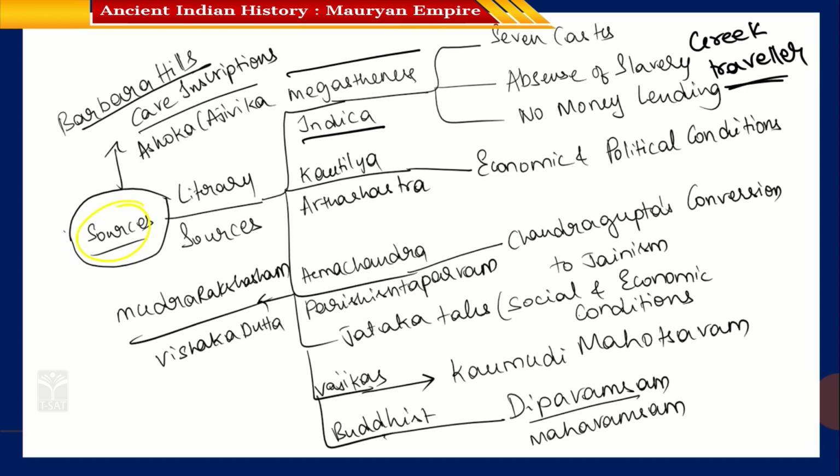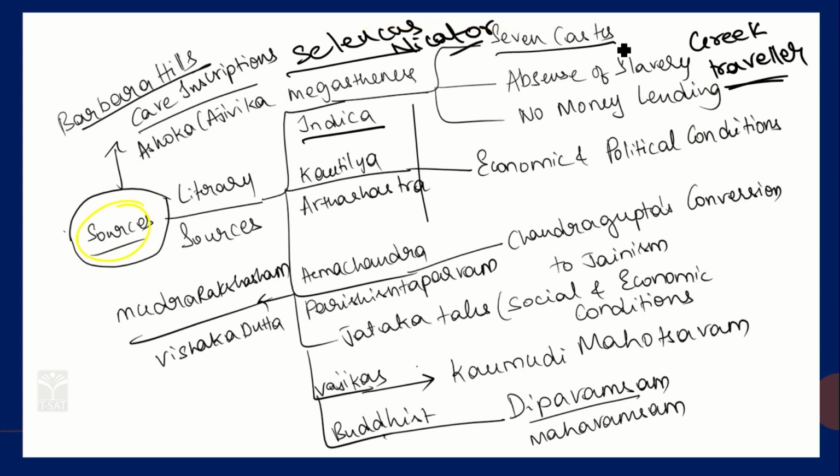Megasthenes was an ambassador of Seleucus Nicator. His book talks about 7 castes existing in Pataliputra, the complete absence of slavery, and the non-existence of the practice of money lending. Remember, according to Megasthenes, there was no money lending in the Mauryan Empire.